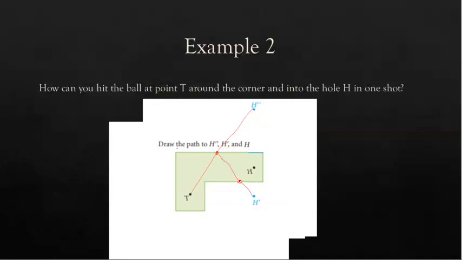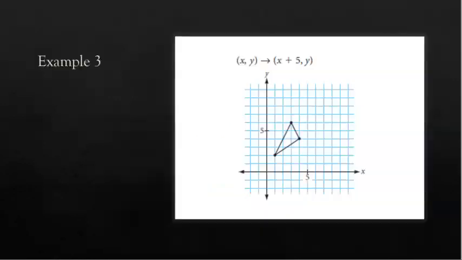And then we're going to draw from that place to the hole. So if we aim for this wall right here, we will get it to bounce off of this wall. It will come down to this wall, and then it will go into the hole. So that's how we can do it with 2 bounces.